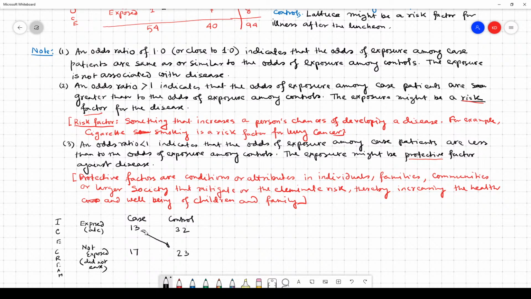Then the odds ratio theta is equal to 13 times 23 divided by 17 times 32, which is approximately 0.55. Since it is less than 1, it is a protective factor. So ice cream here is a protective factor.